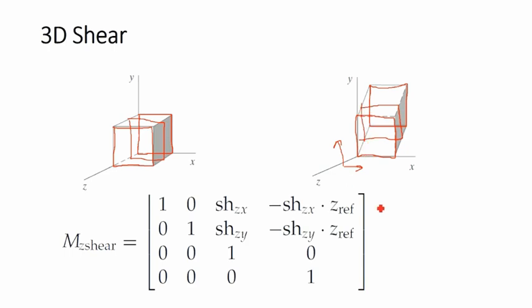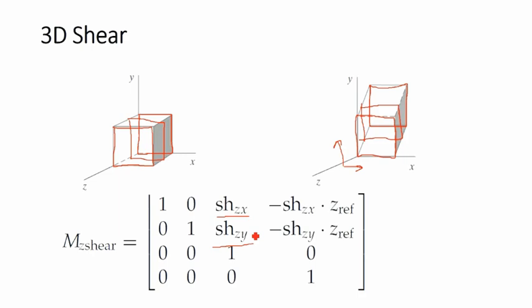So this is the shear matrix that we have. If you look, we have a shear factor with respect to the x-axis as well as the y-axis. Over there in 2D we would have had a shear factor with respect to the x-axis or y-axis, depending on which axis or reference line we are shearing with.